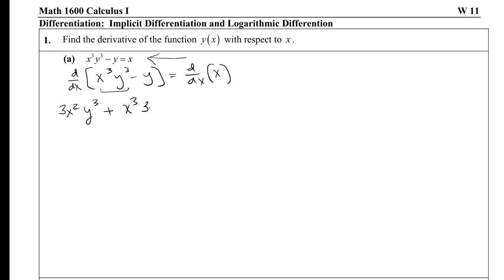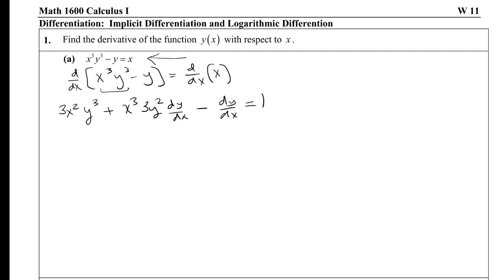Now that's 3y squared dy dx. Minus, so those two terms are coming out of the derivative of x cubed y cubed. Now I have minus, the derivative of y is just dy dx. And on the right hand side, the derivative of x is 1.